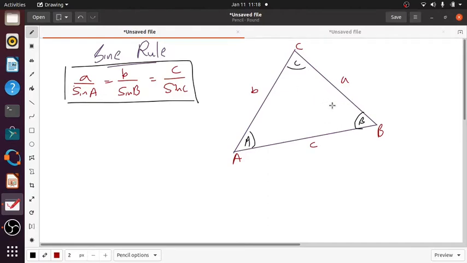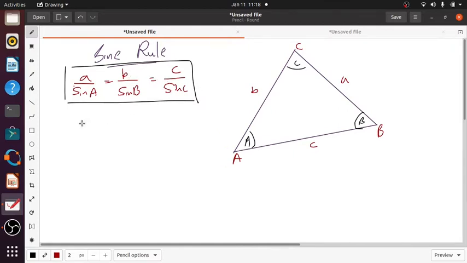It doesn't matter where you sketch this triangle. If you sketch it in Sri Lanka or USA or at the end of the universe, this ratio holds true. This is always true for any triangle.